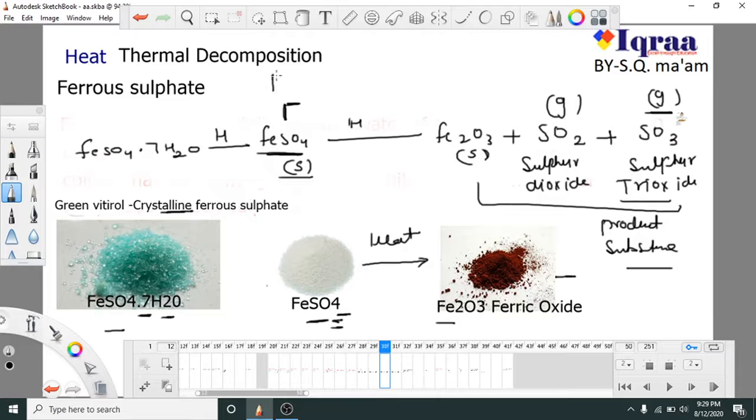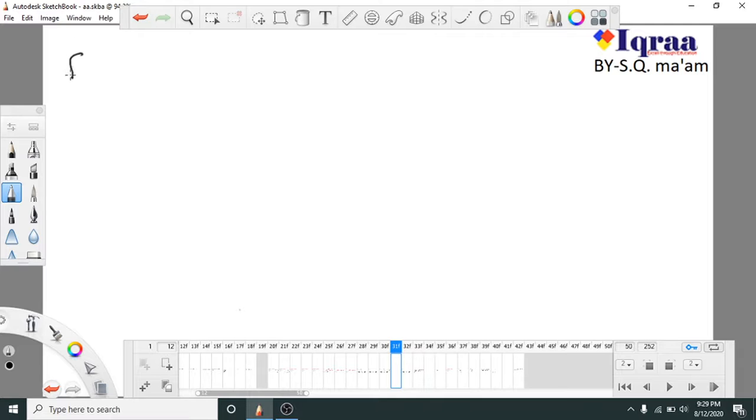So this is the reactant because it is going into the reaction, and it is also known as a substance. Substance singular and here plural. So this is the complete reaction. We can write the complete reaction: FeSO4 plus H2O. This is hemihydrate.